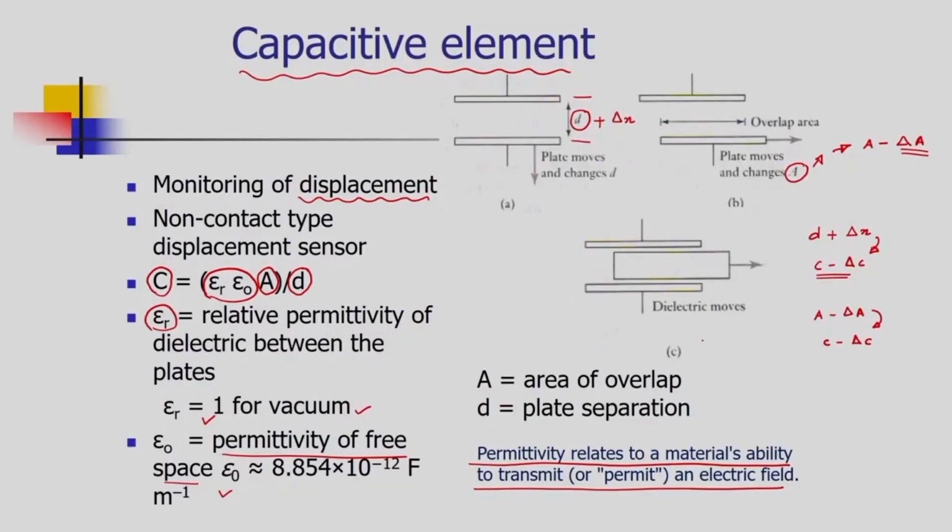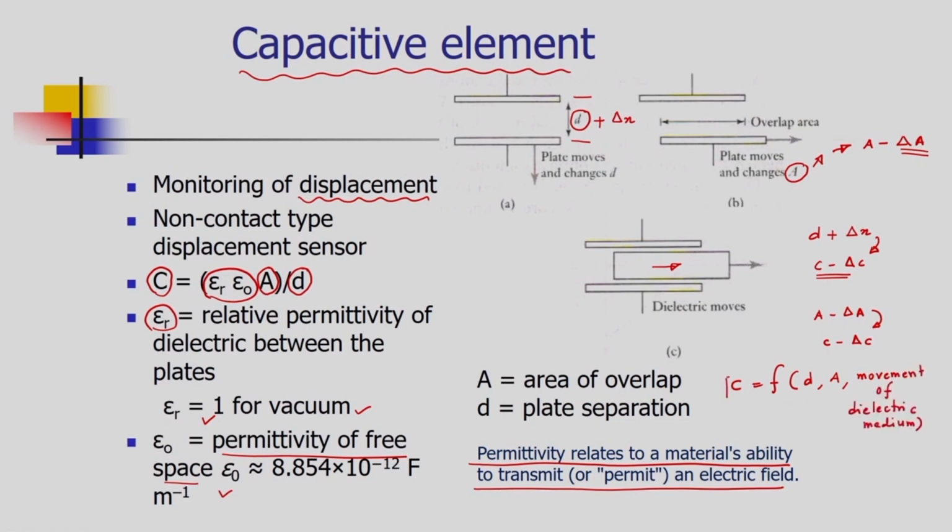The third case in the capacitive element may be the movement of the dielectric medium itself. As we move the dielectric medium, we also get a change in capacitance value. So, the capacitance is a function of separation distance, area of overlap and movement of dielectric medium.